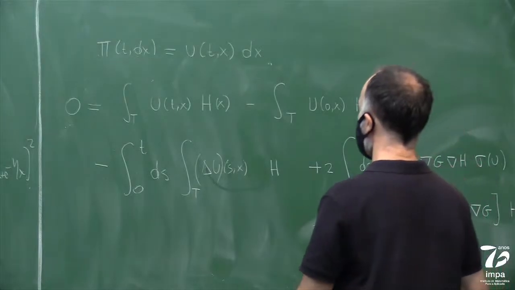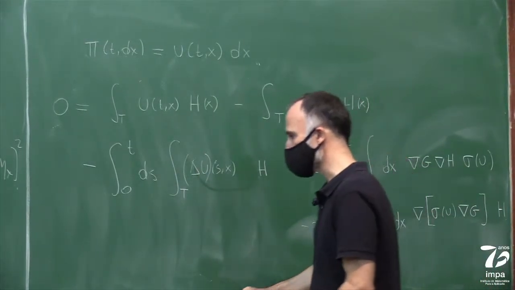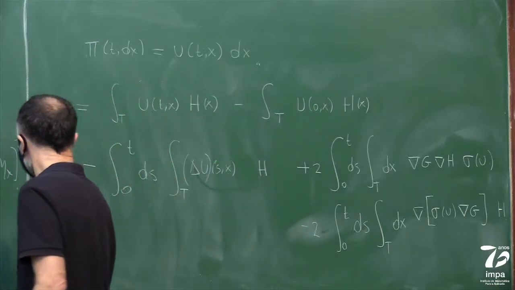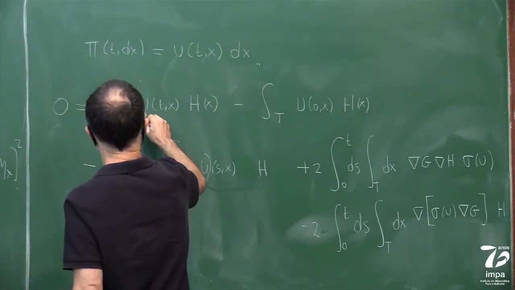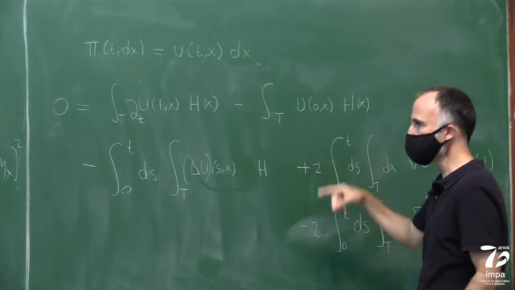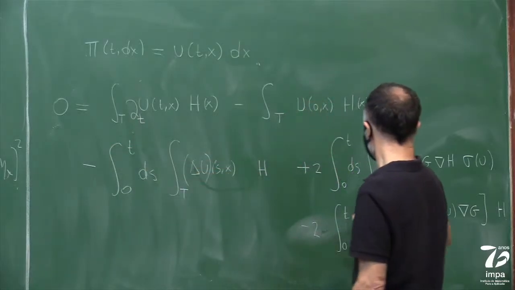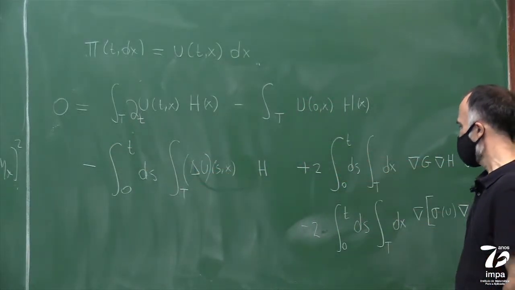And from this equation, if I take the time derivative in this equation, what I get is, so that's formal, that will disappear. Here, this integral will disappear, as well as this one.